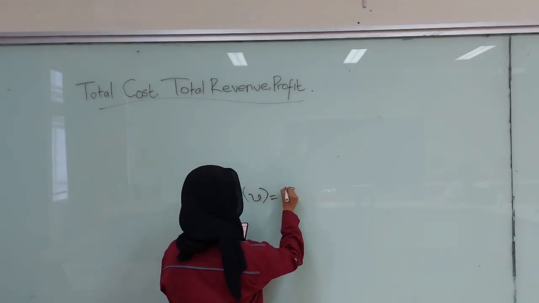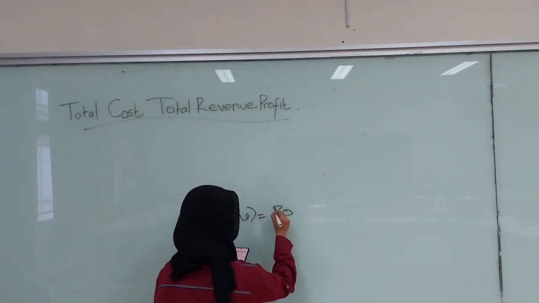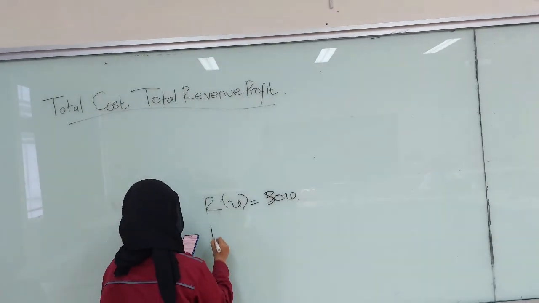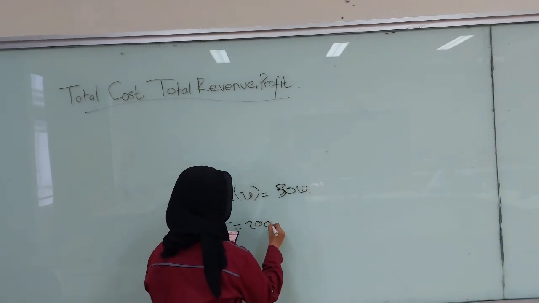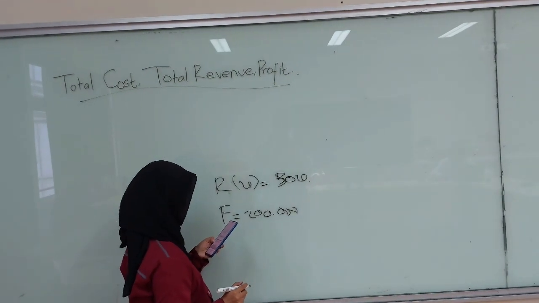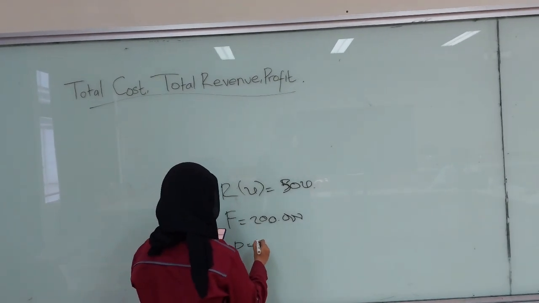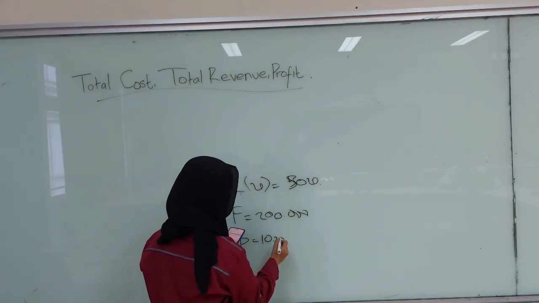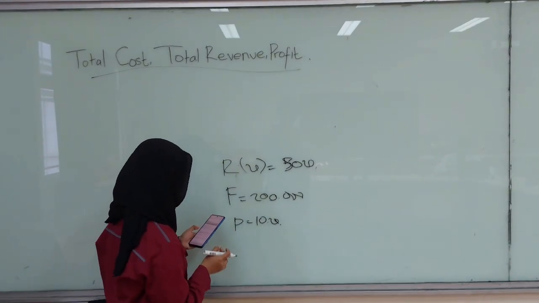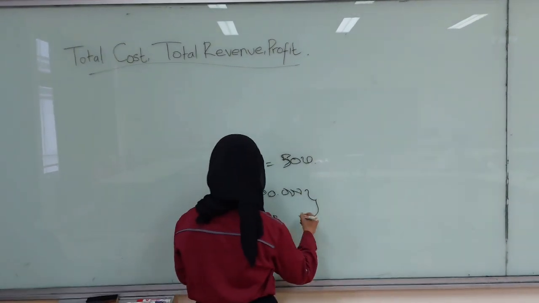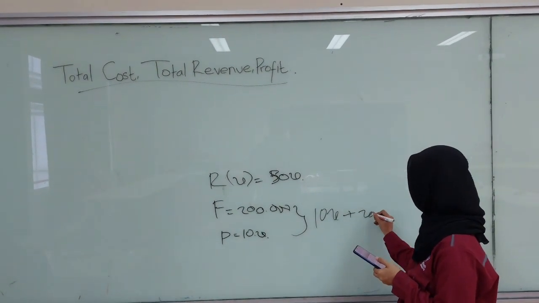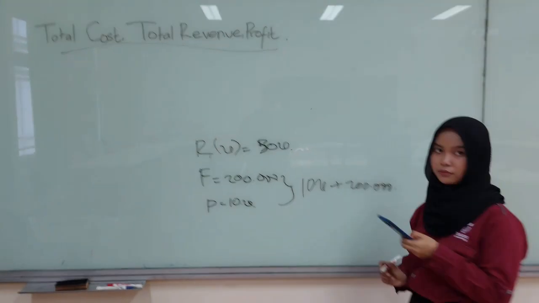And the fixed costs are 200,000, and for the profit, the cost for X players is 10x plus 200,000.